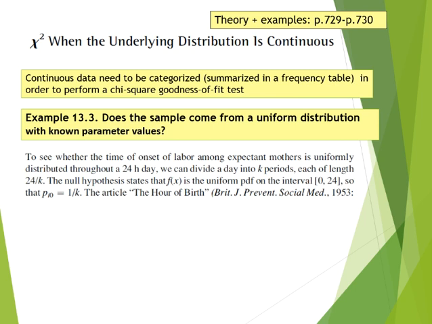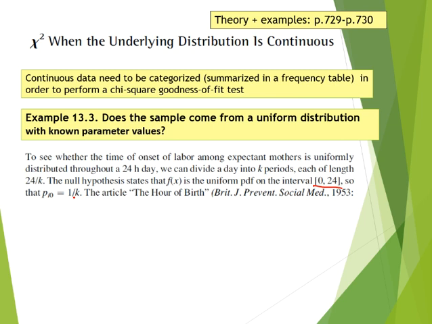So to see whether it's uniformly distributed, we can divide the day into time periods of equal size, 24 divided by k, and then if it's uniformly distributed on the 24-hour day, it means that the probability of observing onset of labor in any given category will be 1/k.